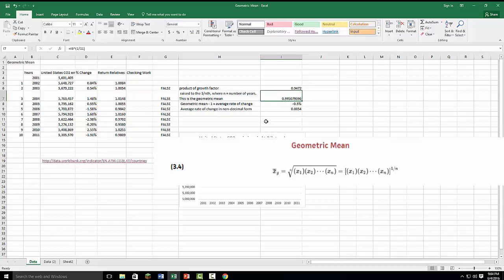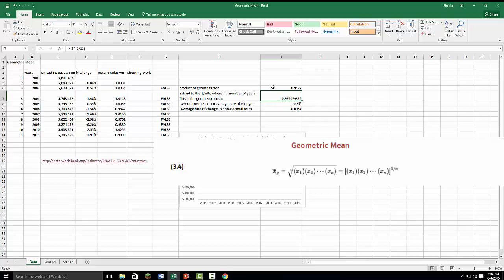The next step we want to take is to take the nth root of that product. So the nth is the number of years that we have. 2001 to 2011 is 11 periods. So we take the nth root of the growth factor.